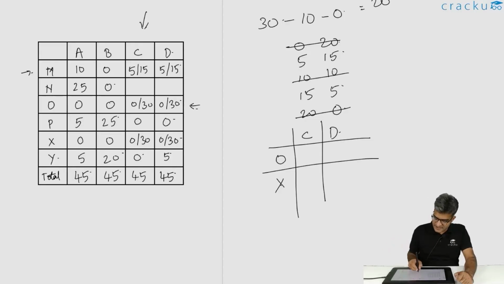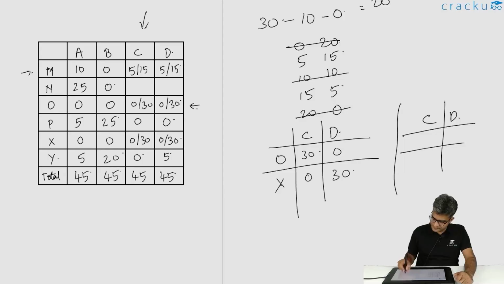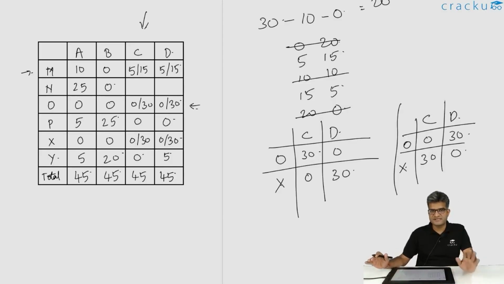So one case is that C received 30 stars from O and D received 30 stars from X. The other case is that D received 30 stars from O and 0 stars from C, and C received 30 stars from X and D received 0 stars. In both cases, the total number of stars C received from these two is 30. The total number of stars D received from these two is 30. One of them will receive 30 from one and the other will receive 30 from the other.